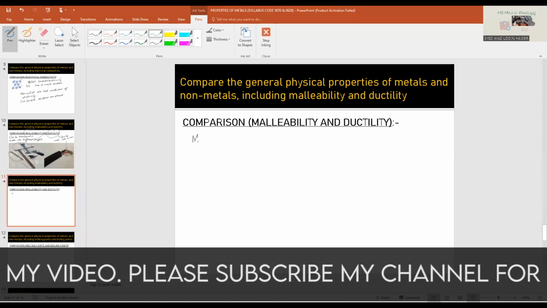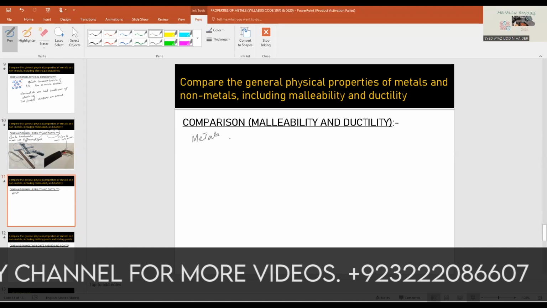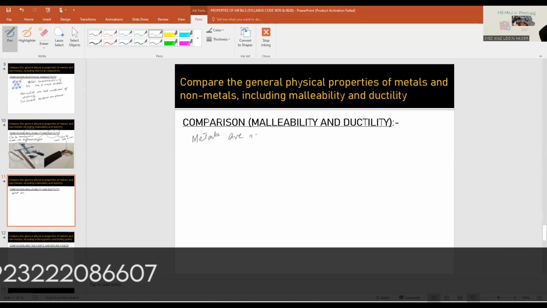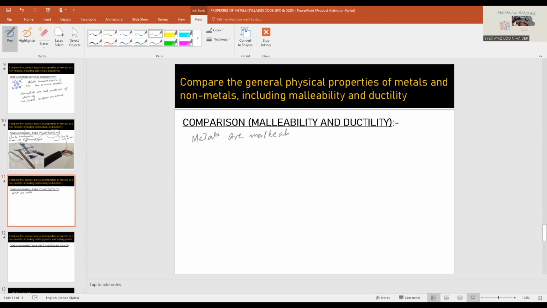So metals are malleable and ductile. When force is applied, metal atoms slip or slide over one another.